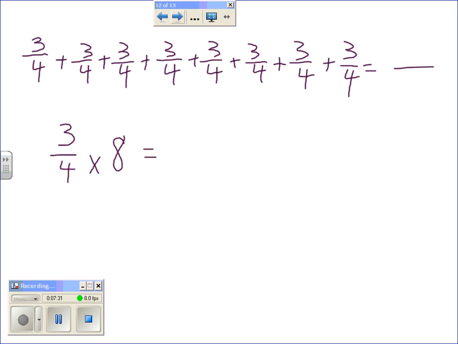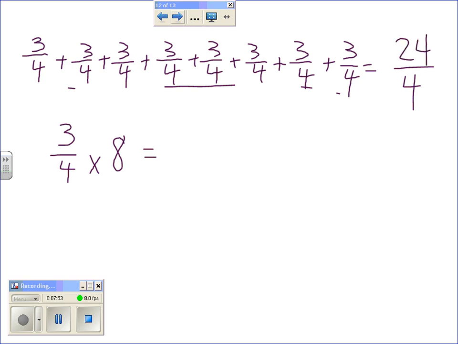We have a common denominator, which is 4. Then we can add 3 8 times. 3 plus 3 is 6, plus 3 is 9, plus 3 is 12, plus 3 is 15, plus 3 is 18, plus 3 is 21, plus 3 is 24.